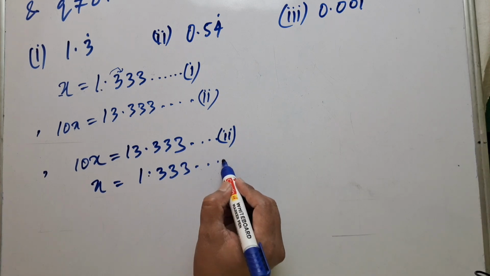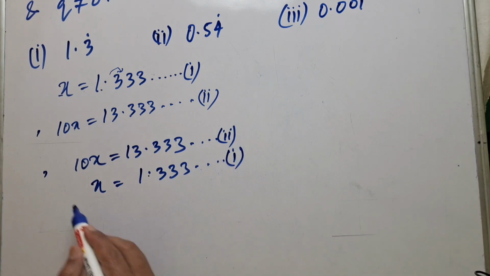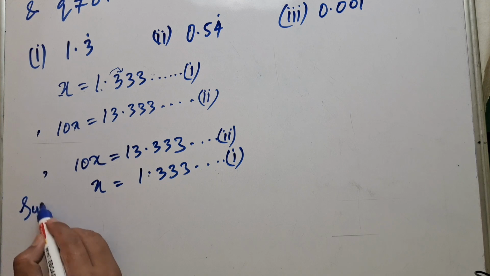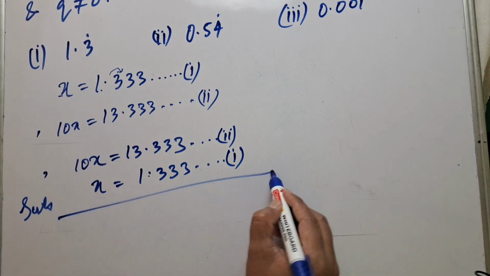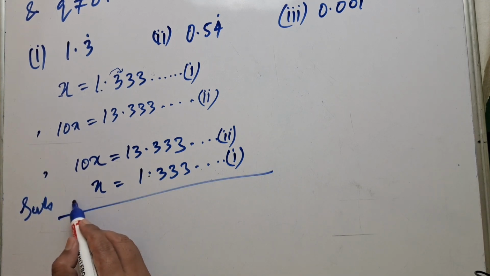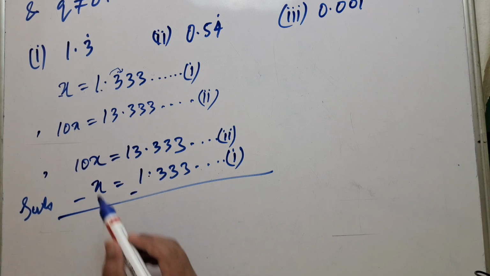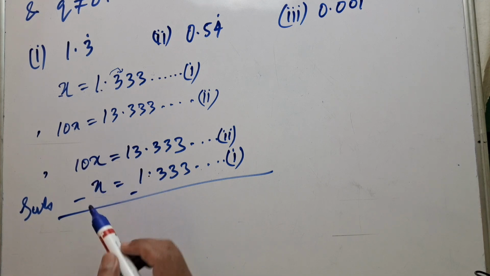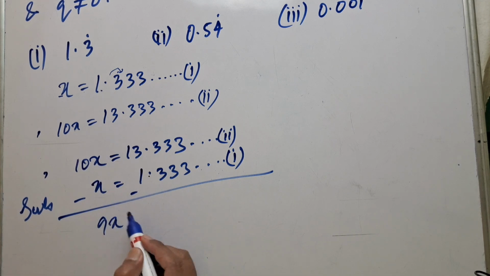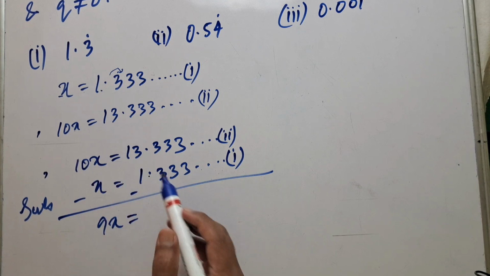Subtracting equation 1 from equation 2, 10x minus x is 9x.